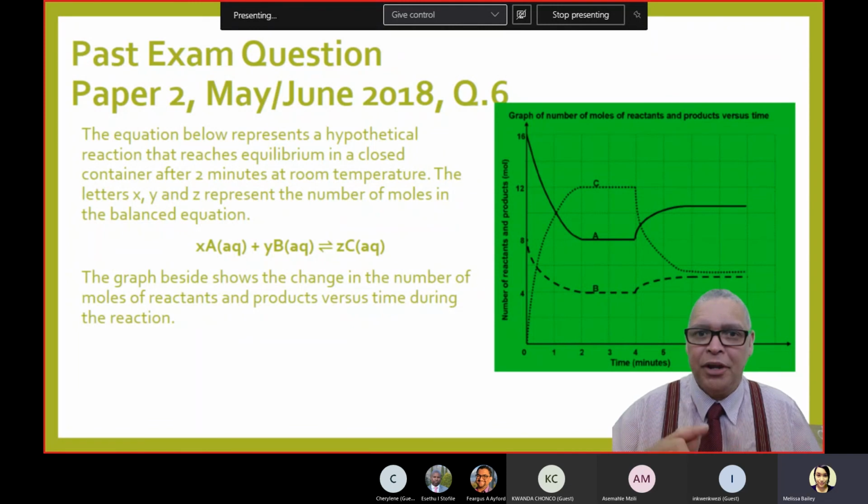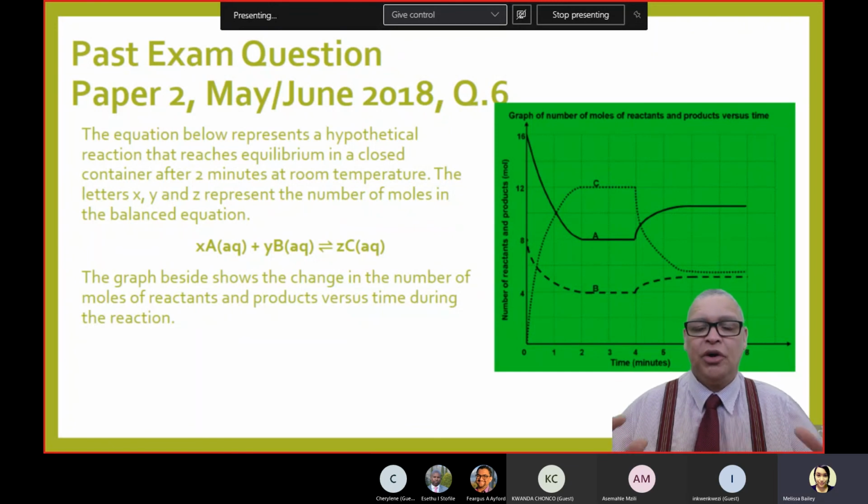Or the number of moles is equal to the mass of the gas divided by the molar mass. Very important. So if you keep these principles together, and if you keep practicing, if you work by that principle, you will do very, very well.